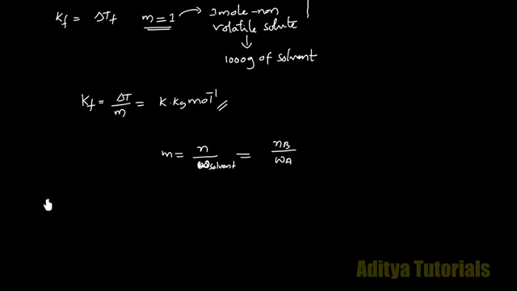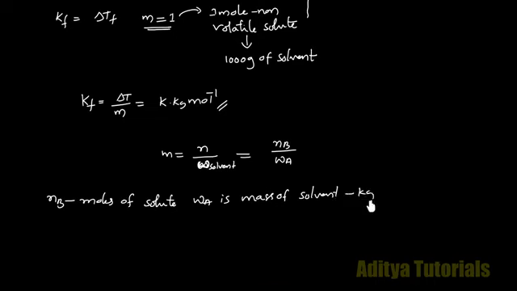Okay, so NB is the number of moles of solute, and WA is the mass of solvent, that should be in kg.